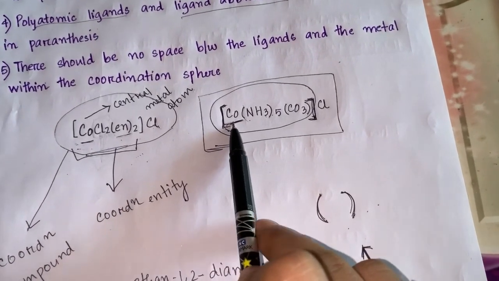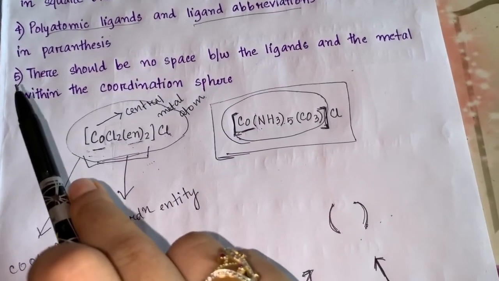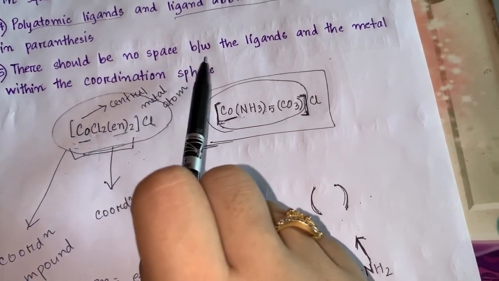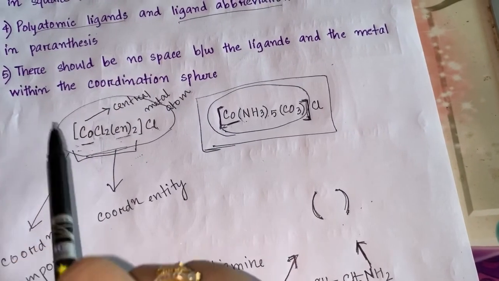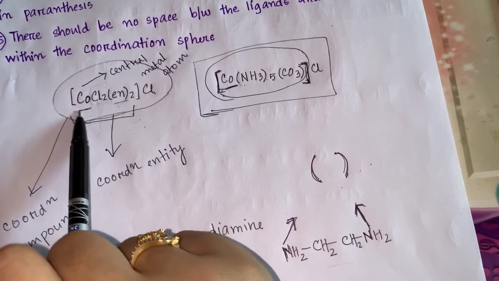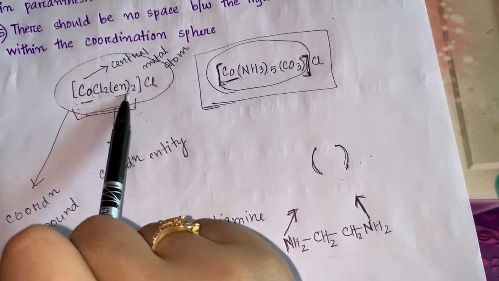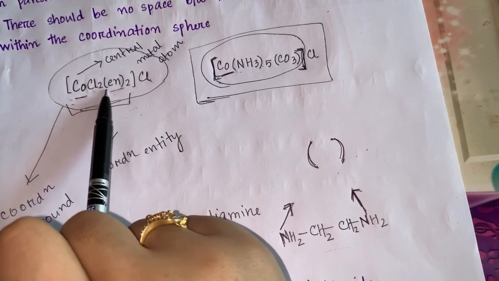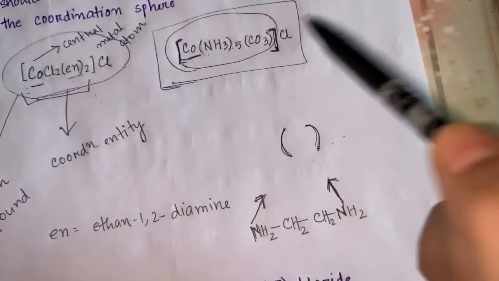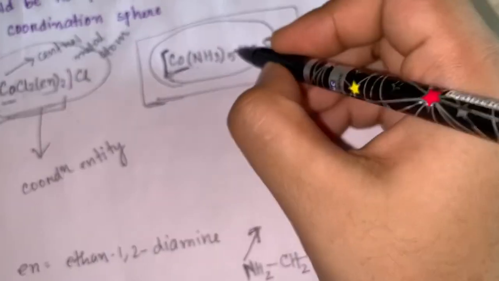Okay, so let's move back to the fifth step, that there should not be any kind of space between the ligands and the metal. This is what has been observed here: cobalt, then chloride, then En, there is no space present, right? Similarly here also there is no space present. This is just my way of writing 5.